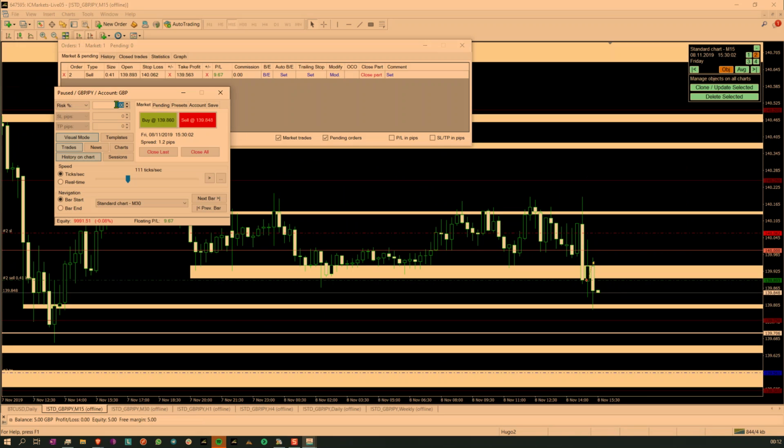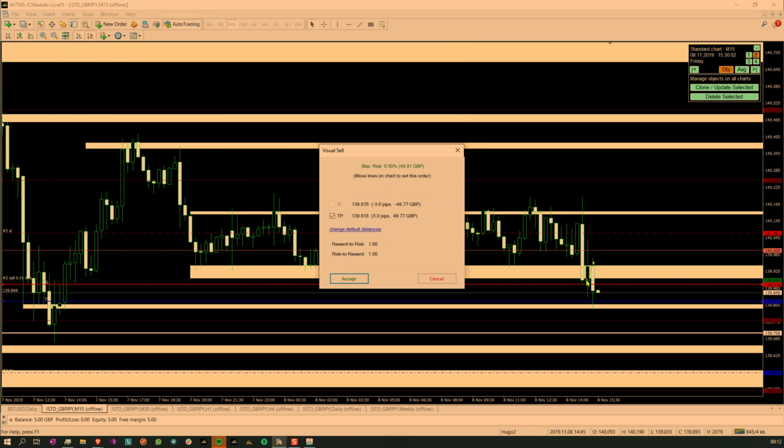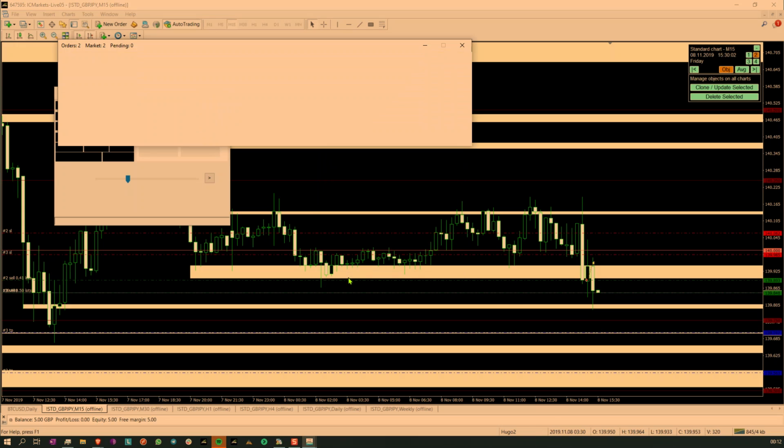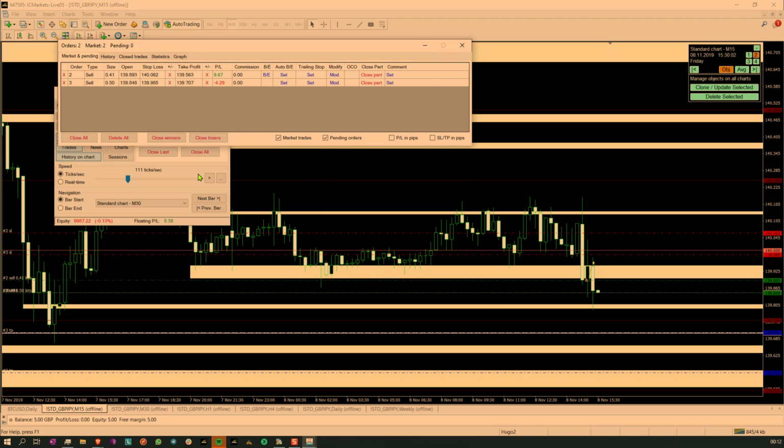So 0.5 and selling again, and the stop is going to be just above this candle here. That's also a 13, 14 pip stop. So let's see this one. This one I'll take the 14. Okay, that's a 1-2-1. So let's play.